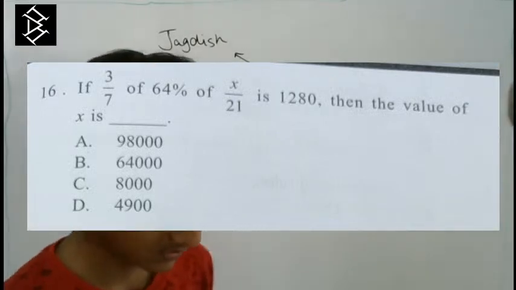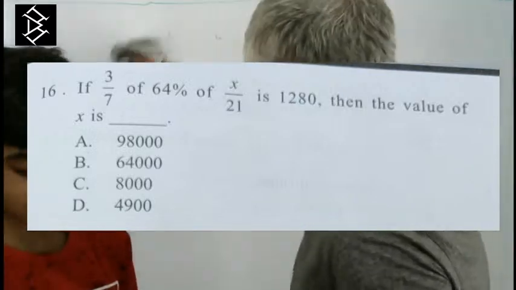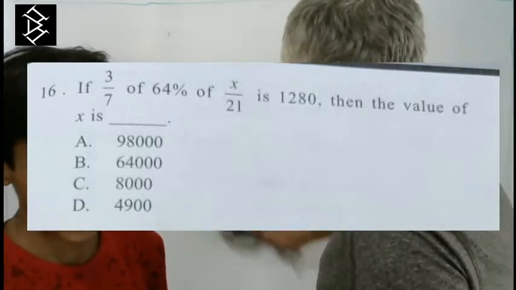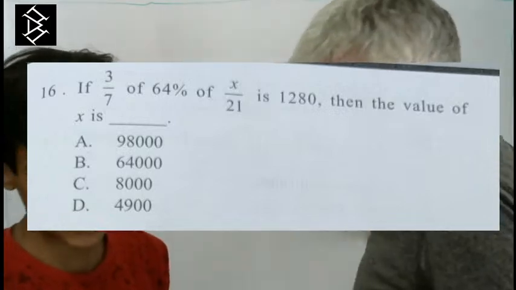Yeah, you can write all on the board. So if 3/7 of 64% of x over 21 is 1280, then find the value of x.